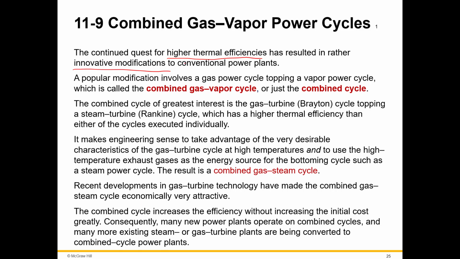A popular modification involves gas power cycles topping a vapor power cycle, which is called the combined gas vapor cycle, or just the combined cycle. So what we're doing is taking the existing devices, or new devices, but mostly the existing devices, moving them around and placing them together and seeing what would happen and if it addresses something that can be improved, right?